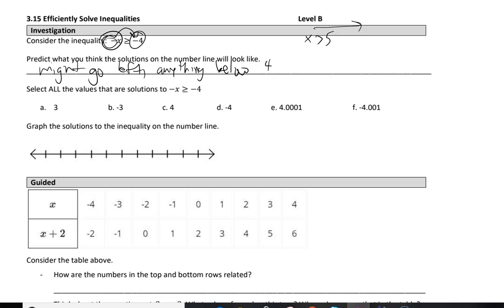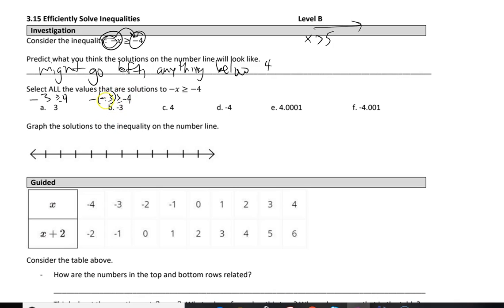What I'm going to do next is take the values shown and put them into our inequality. So if I have 3, I'm going to just substitute this for x: -3 greater than or equal to -4. Is that true? Oops, sorry, I lost my negative. That one is true. What about a negative times a -3 greater than or equal to -4?